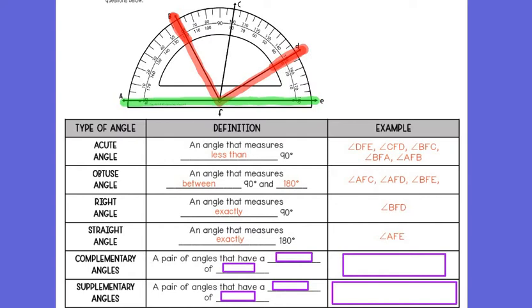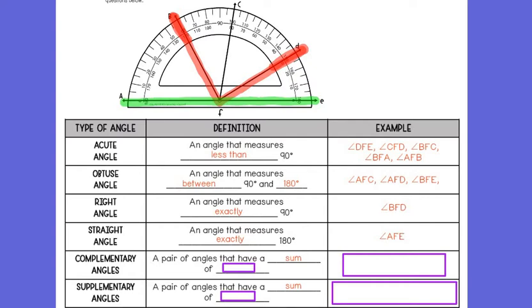Now our two new definitions that we probably haven't heard of before are complementary and supplementary angles. Both of the definitions start off saying a pair of angles. What is a pair? Two. And both of them have the word sum. What does sum mean? Add.